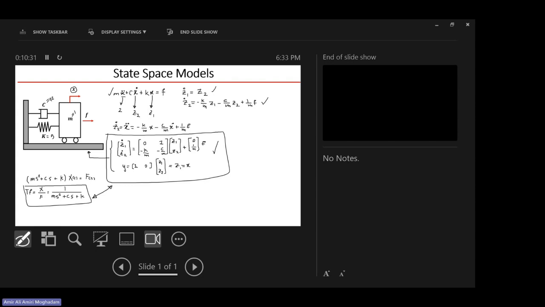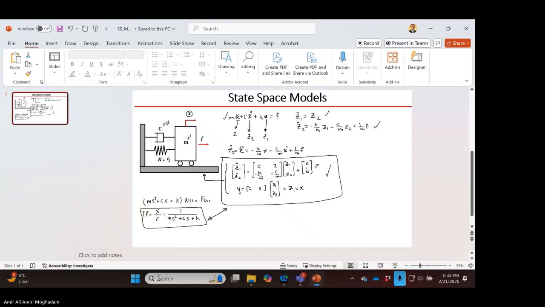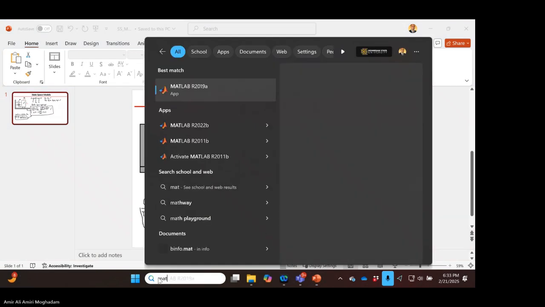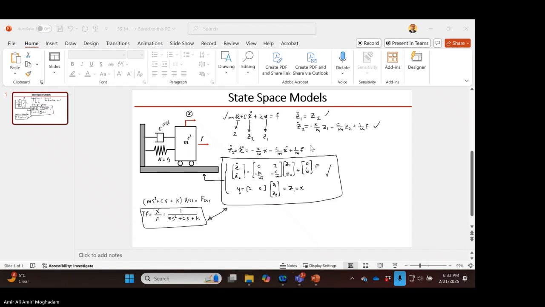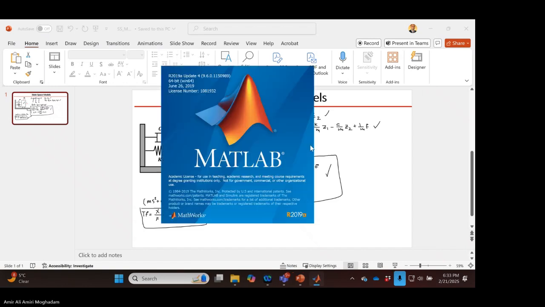Okay, let me open MATLAB and then we can simulate it there so you can see how we can simulate state space models in MATLAB. It's going to take a minute for MATLAB to start working.